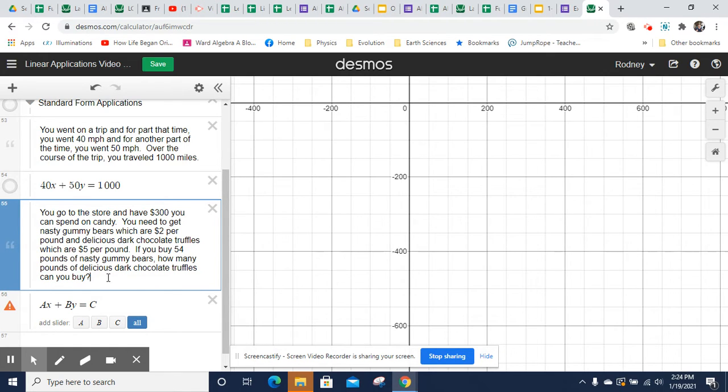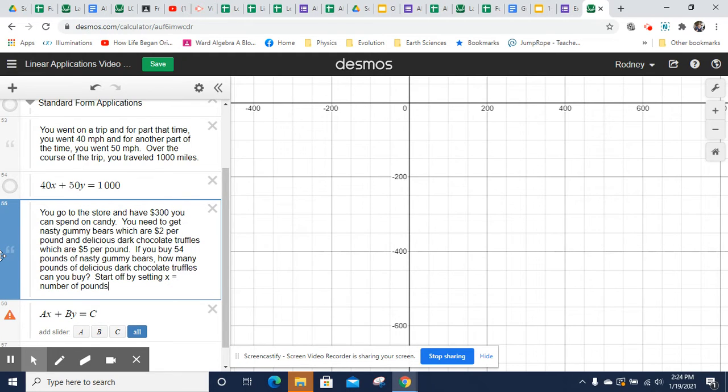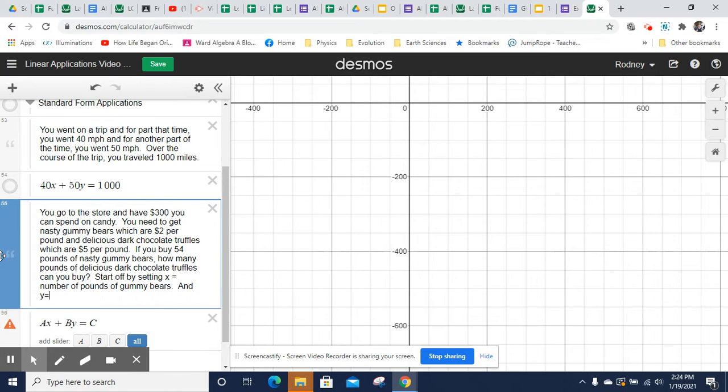So here's what we can do. We can start off by setting x to equal the number of pounds of gummy bears, and y equals the number of pounds of chocolate truffles.